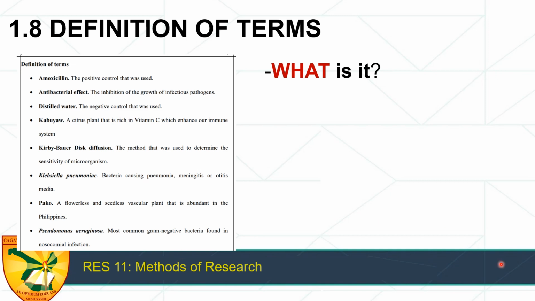So we all know what a definition is, and we usually find the definition of a term from dictionaries, glossaries, thesaurus, or encyclopedias. But, this is a big but, these are standard definitions. For the definition of terms for your Chapter 1, the variables to be considered should be defined operationally or as used in the study.